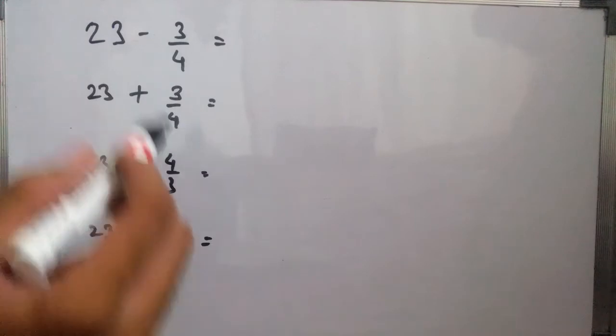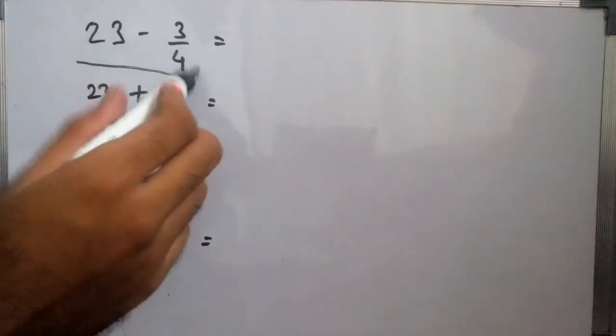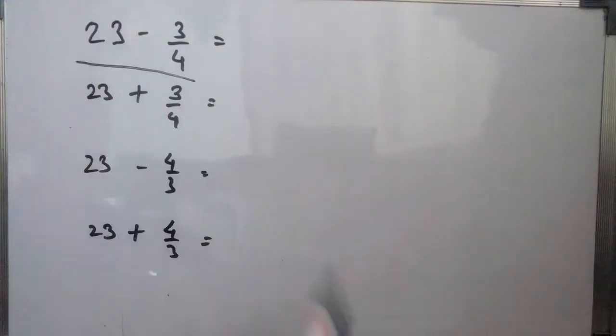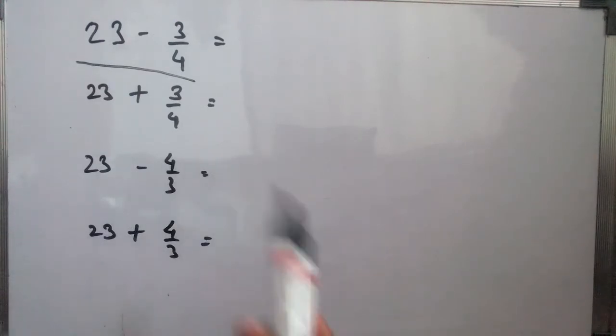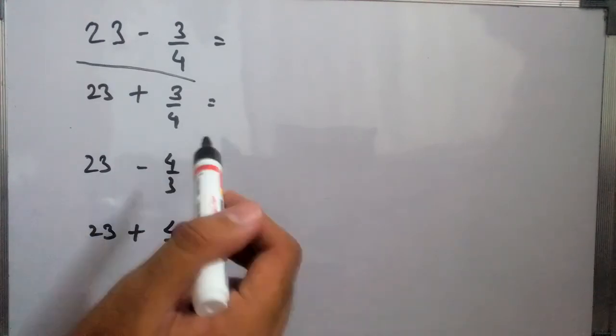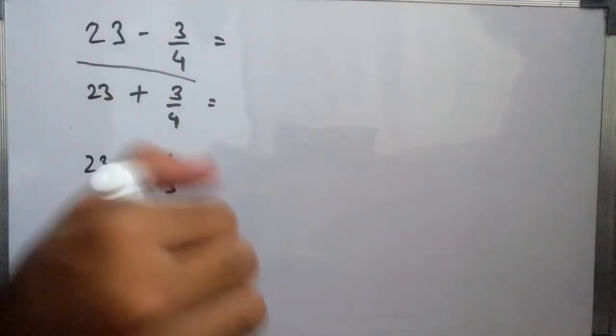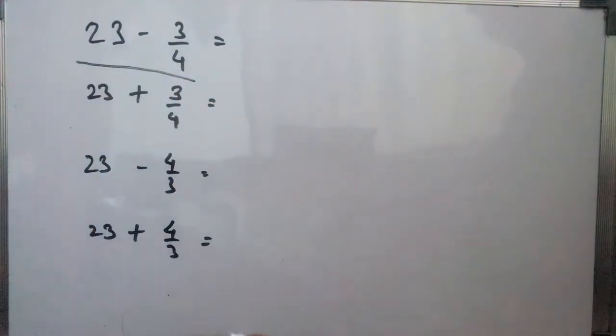The given question here is 23 minus 3 by 4. What will a general student do for such questions? They will do 23 into 4 minus 3 upon whole 4. That is a tough process to do in a fast run. Smart students don't do it.